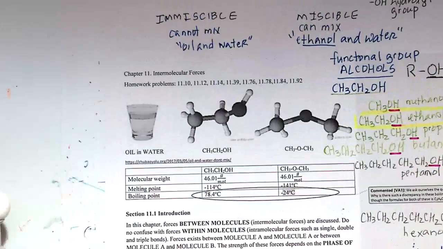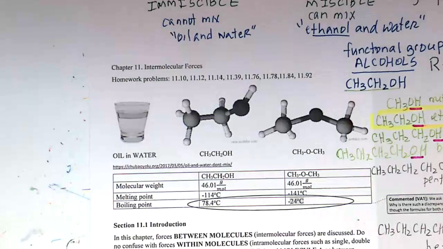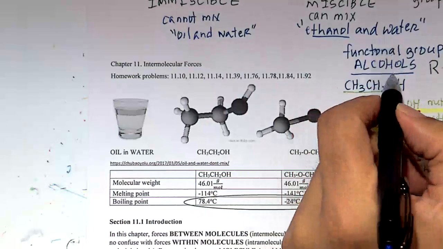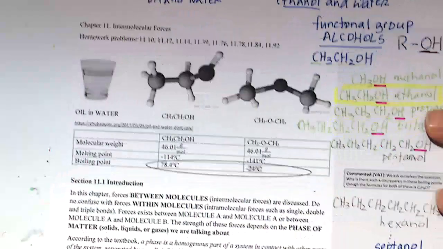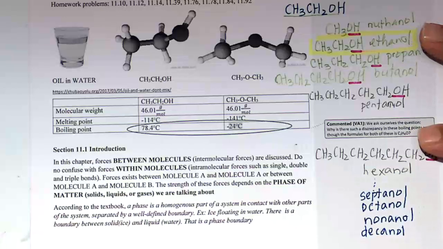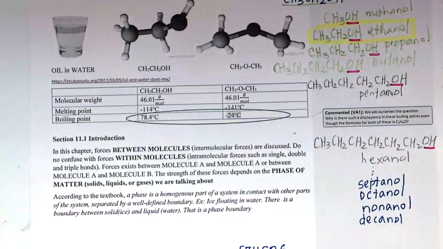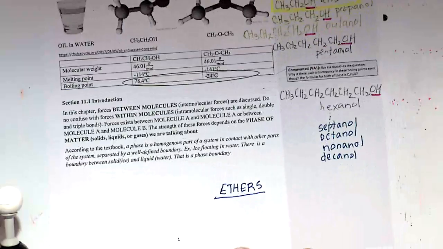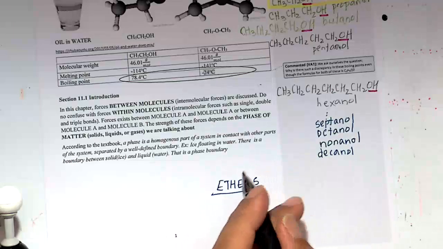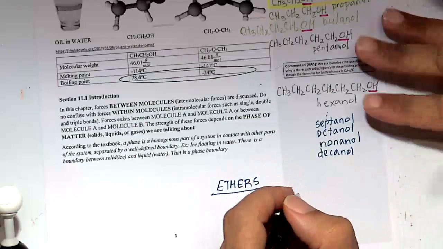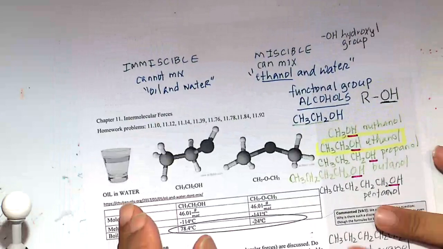So what I have here is a new molecule and a new functional group. That functional group is not the alcohols, but the ethers. Have you heard of the ethers?